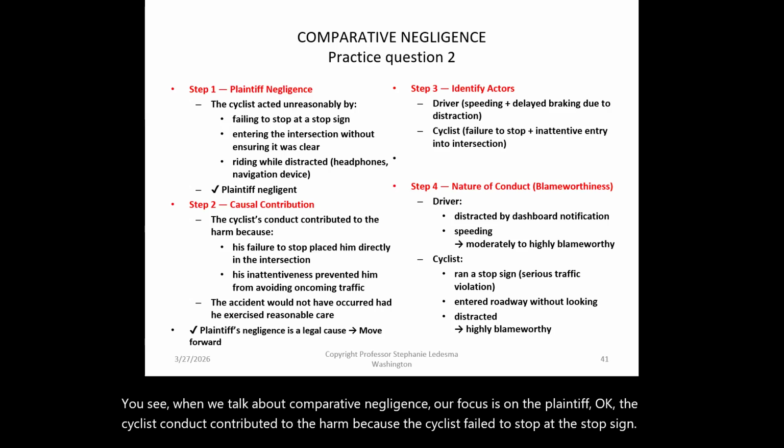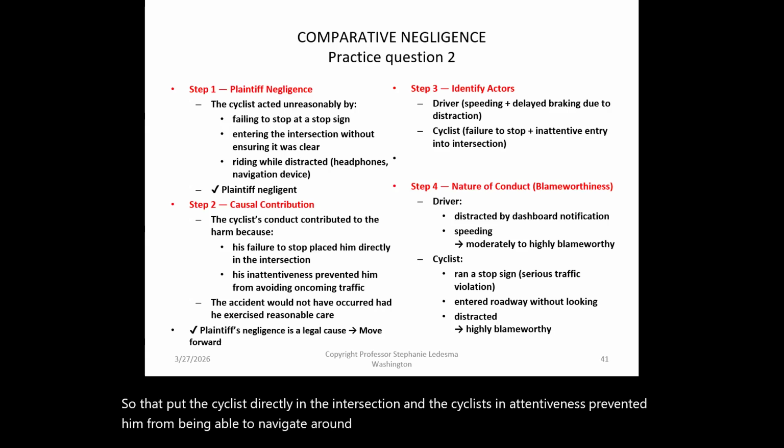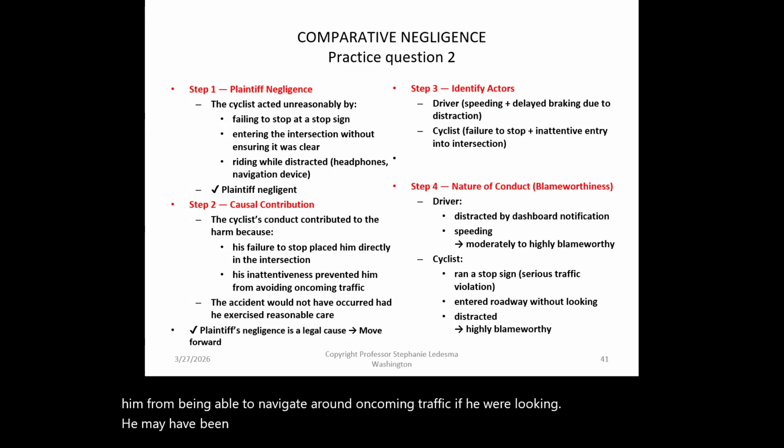So that put the cyclist directly in the intersection. And the cyclist's inattentiveness prevented him from being able to navigate around oncoming traffic. If he were looking, he may have been able to navigate around it, right?